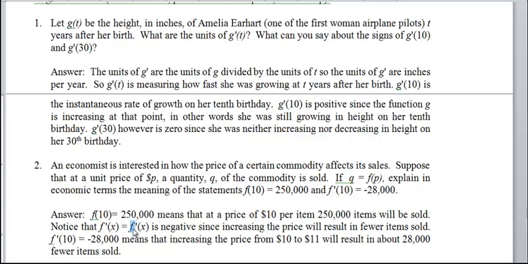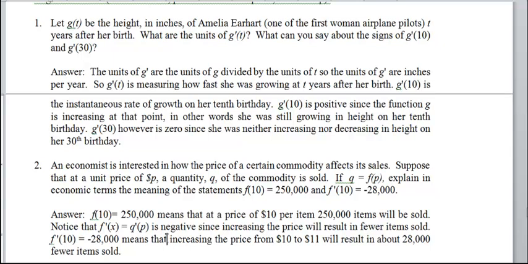It's Q prime of P. What happens if we increase P by just a little bit? If you increase the price, are you going to sell more items or fewer items? People are probably going to be willing to buy fewer items, so the total quantity sold is going to be less. That means the function Q of P, or f of x, is a decreasing function. And if it's a decreasing function, then its derivative must be negative. And of course, it was here.